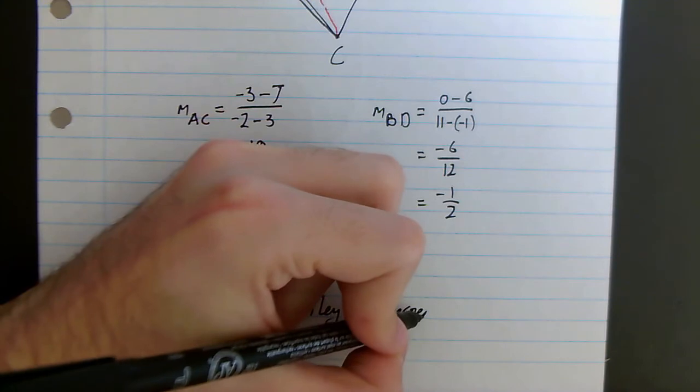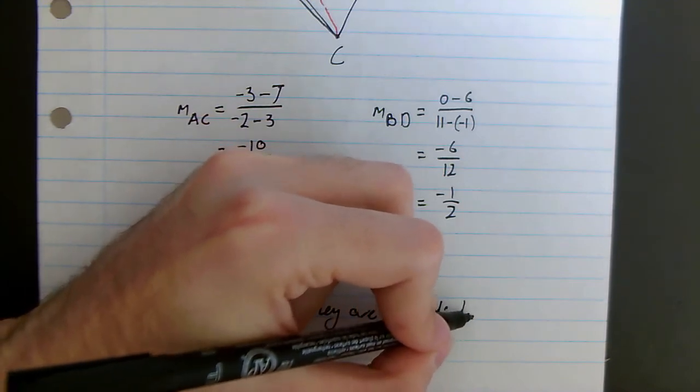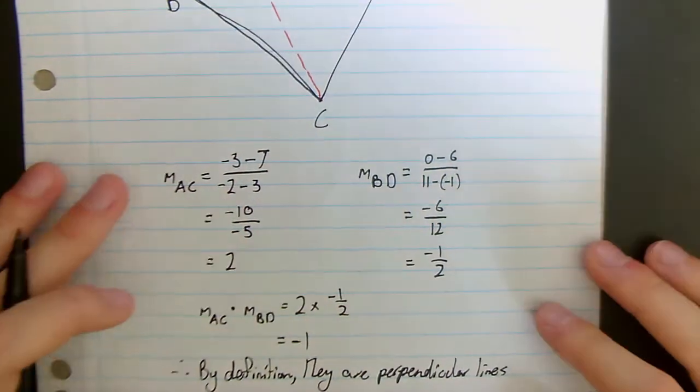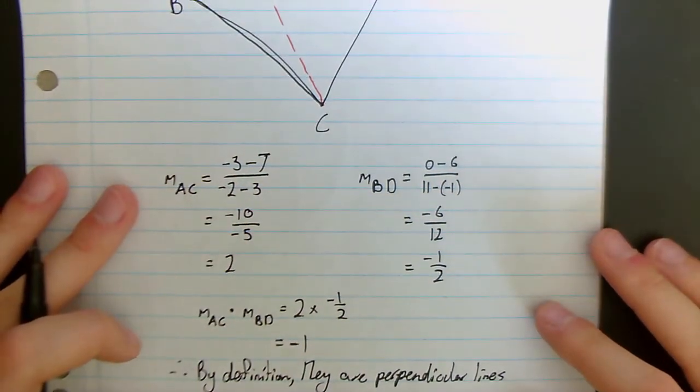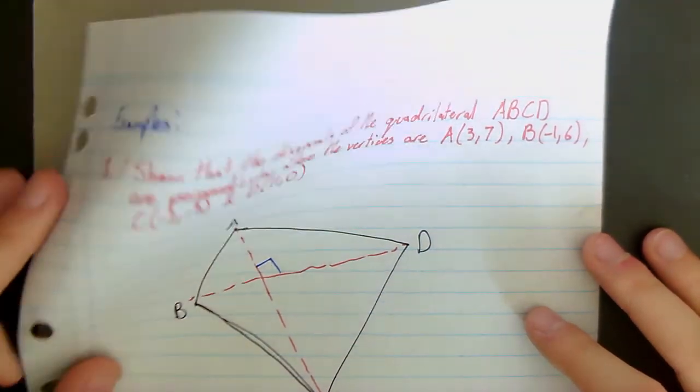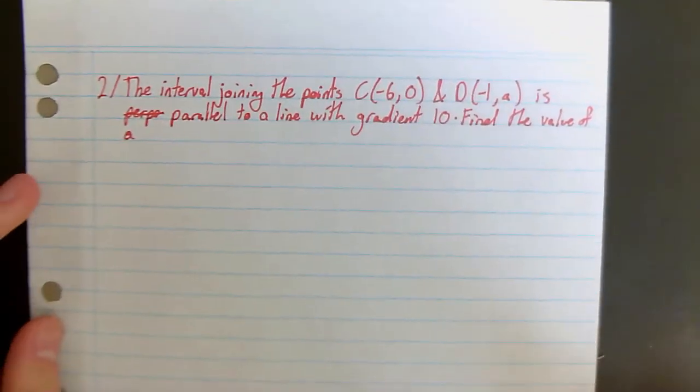And from this, you can then conclude that the diagonals of this particular quadrilateral are indeed perpendicular. So the next example that we're going to be looking at deals with parallel lines, but is probably a little bit easier.